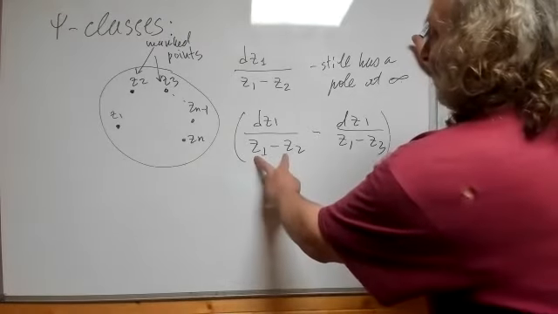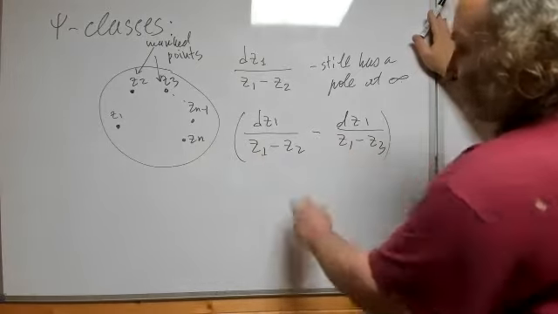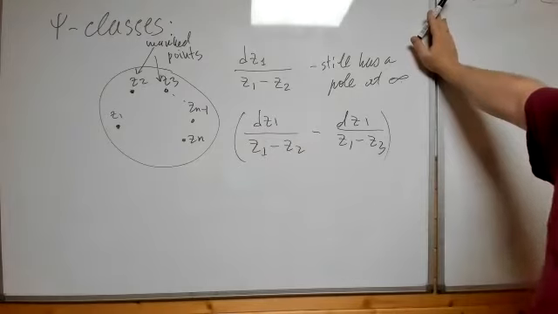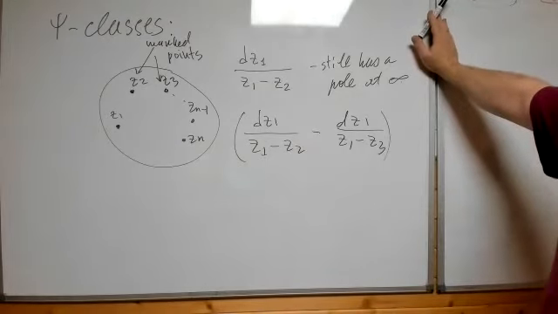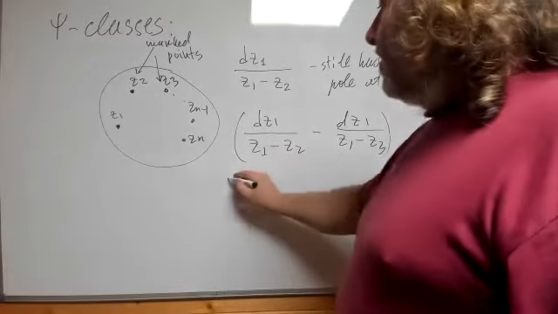Naively, one might think that you have a pole here, or here, because of the pole downstairs. However, Z1 and Z2 never collide on the moduli space. So actually it has no poles.